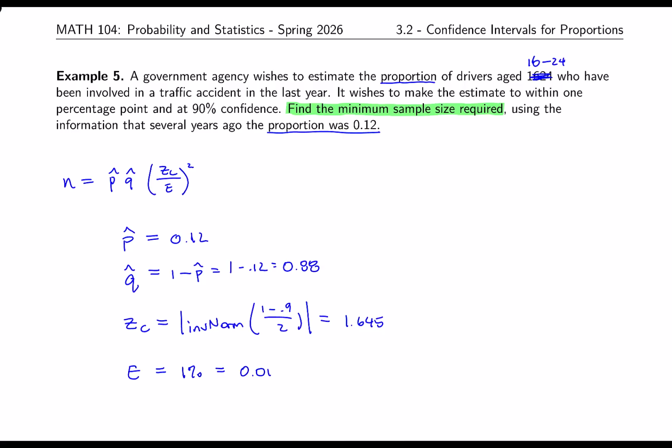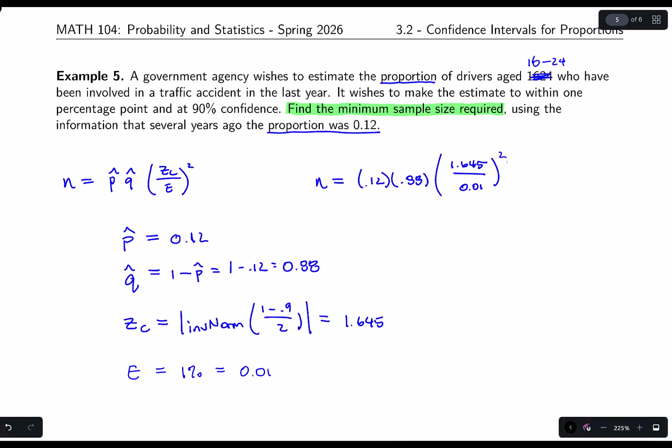Okay, so we have everything we need. So this would be 0.12 times 0.88, and then 1.645 divided by 0.01, quantity squared.